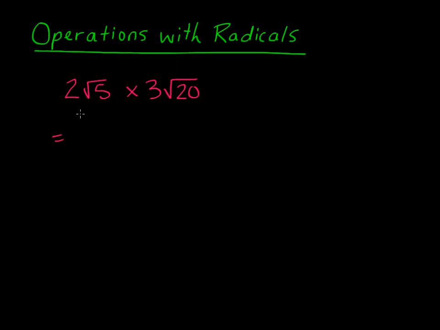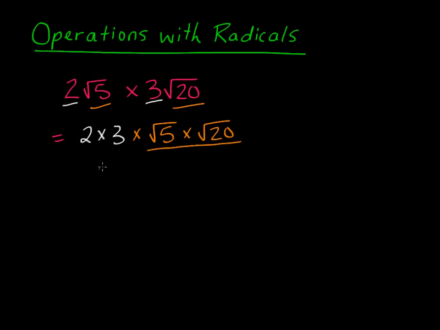So what I mean by that is here we can take 2 times 3 and we can take the square root of 5 times the square root of 20. Then we can multiply the radical pieces together and we can multiply the whole number pieces together to get a new mixed radical as our answer.